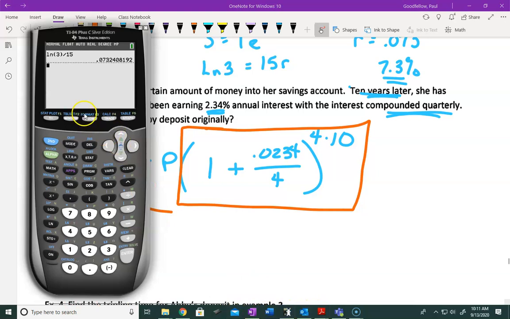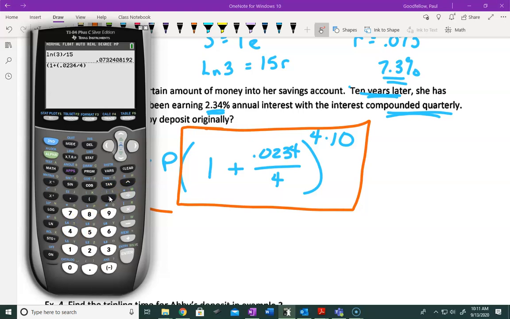A relatively easy kind of question, but you just got to be careful with how you plug it in your calculator. 1 plus, I'm going to nest the parentheses here, 0.0234 divided by 4.